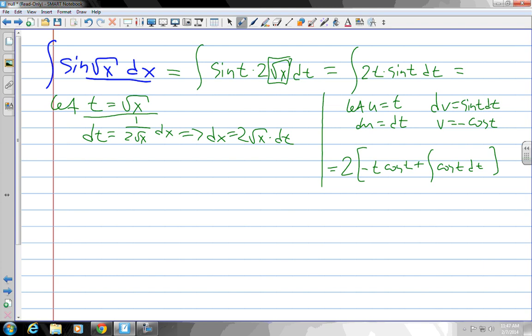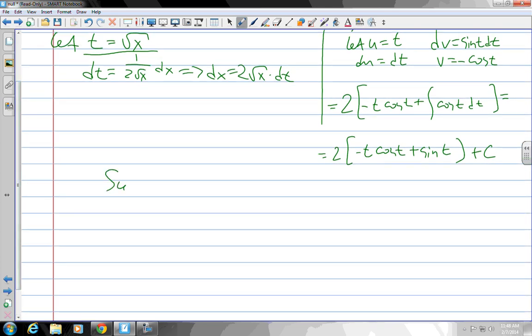That integral we can do. What is the integral of cosine t? And then I can substitute back, because what is t equal to? Yeah, square root of x. So the whole thing becomes 2 times negative square root of x cosine of square root of x plus sine of square root of x plus a constant.